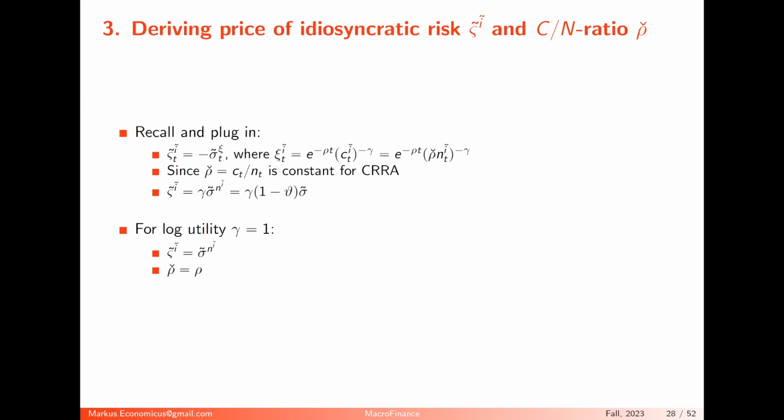So once I plug in, if I want to know what this is, the varsigma tilde is just gamma times the volatility of the net worth. So how do I get to this guy here? That's the volatility, from Ito's lemma. Whenever I ask something, you should say Ito's lemma. The volatility of this xi is the volatility of this n, no?